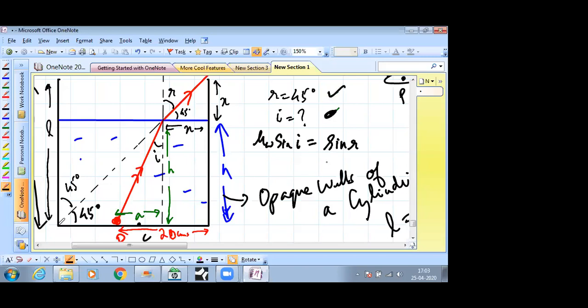This we already know, and we also can see in the diagram that h by E is cot I, and E itself is how much? E itself is 20 minus x. So all this information is known. So let's try to fit that into a formula. So everything finally we have to reduce in terms of h.